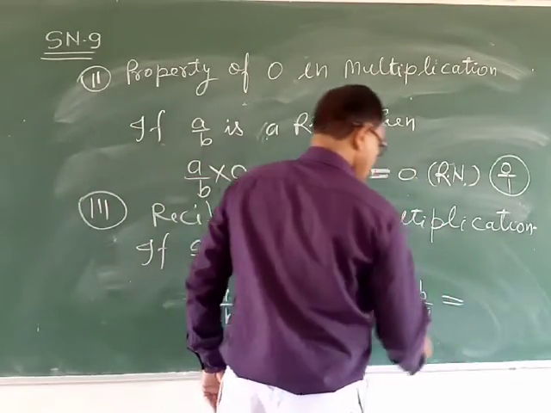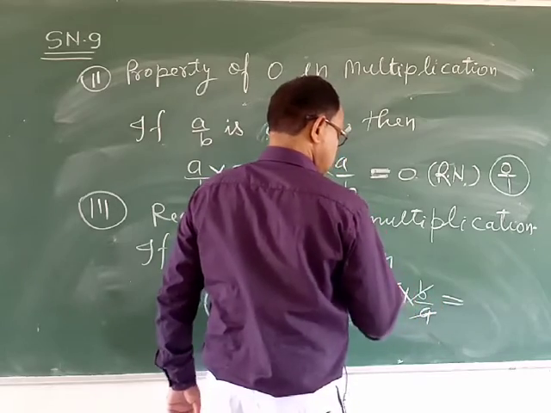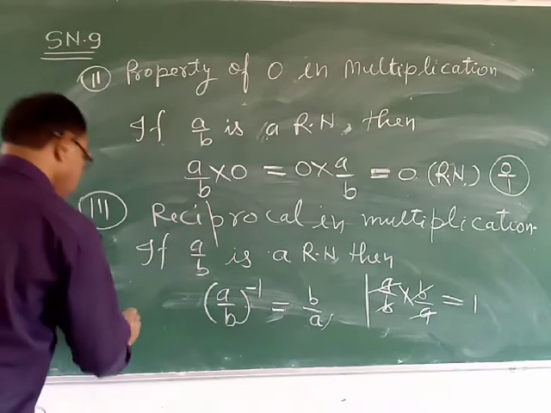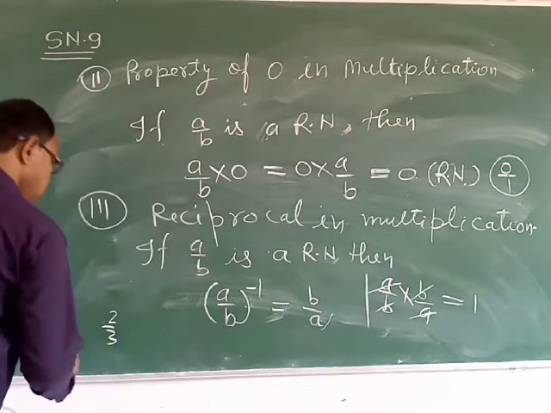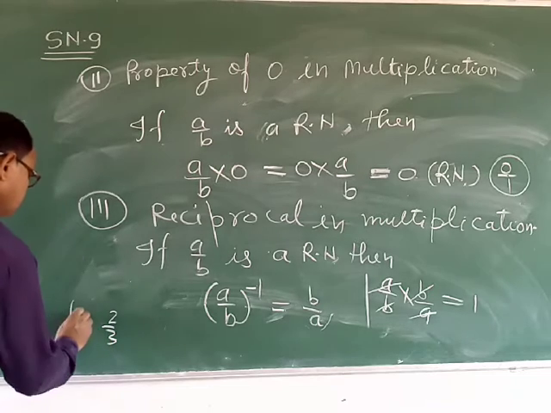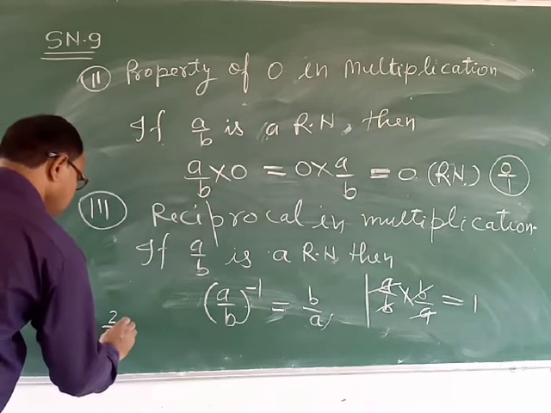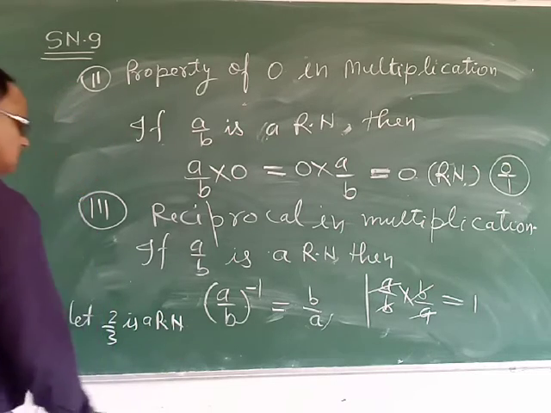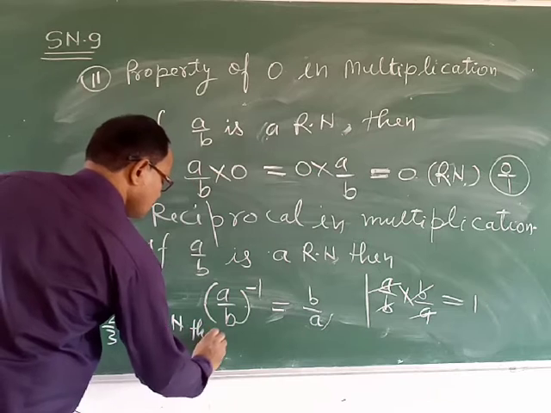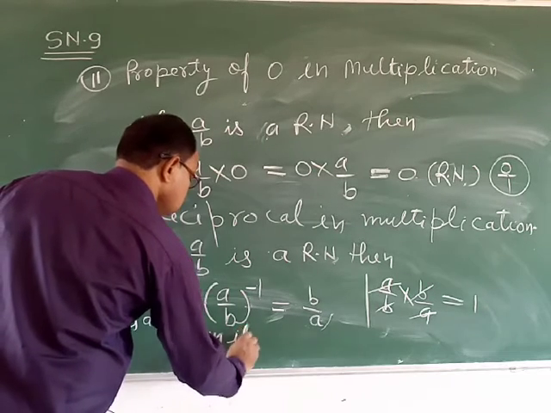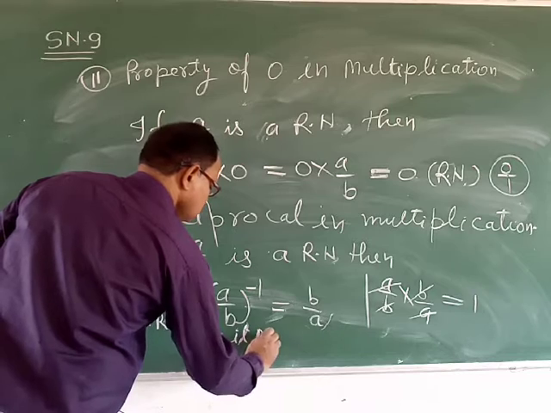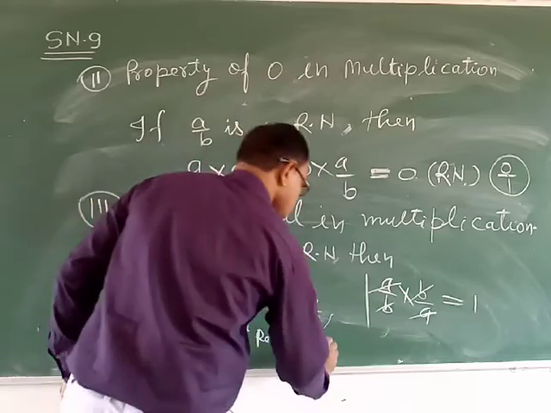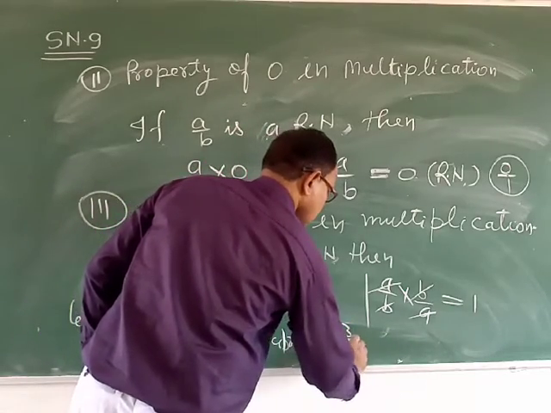Here B cancels B, A cancels A, and we get 1. For example, let 2 by 3 be a rational number. Then its inverse, its reciprocal, is 3 by 2.